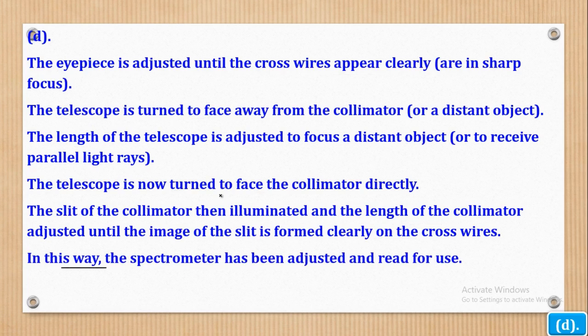In this way, the spectrometer has been adjusted and is ready for use. So here there was a Y missing to become ready. So that is how marks would be awarded for this slide.